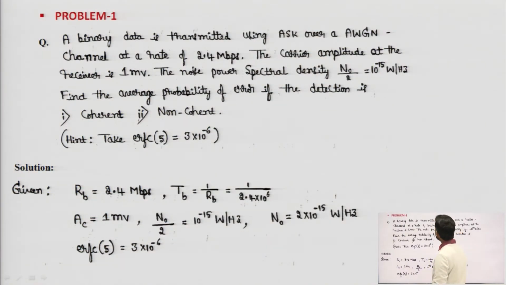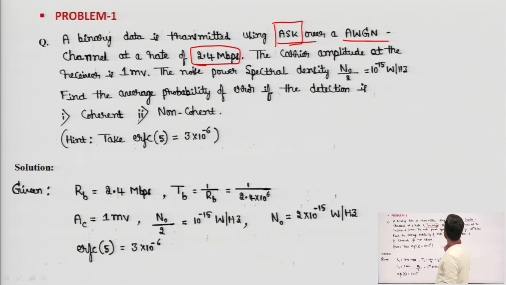A binary data is transmitted using ASK over an AWGN channel, that is, additive white Gaussian noise channel. This is the basic wireless channel. The binary data is transmitted at a rate of 2.4 Mbps.